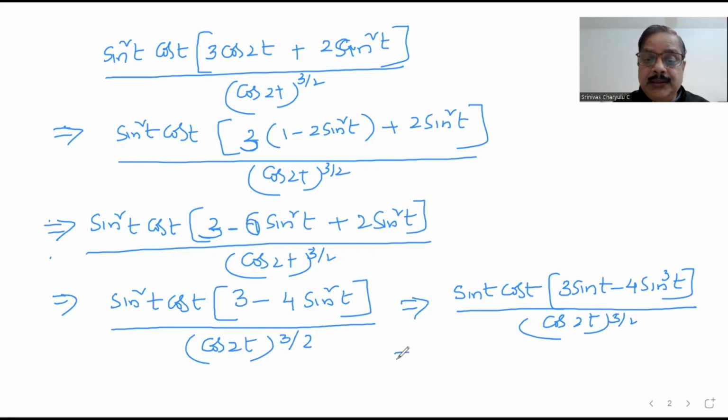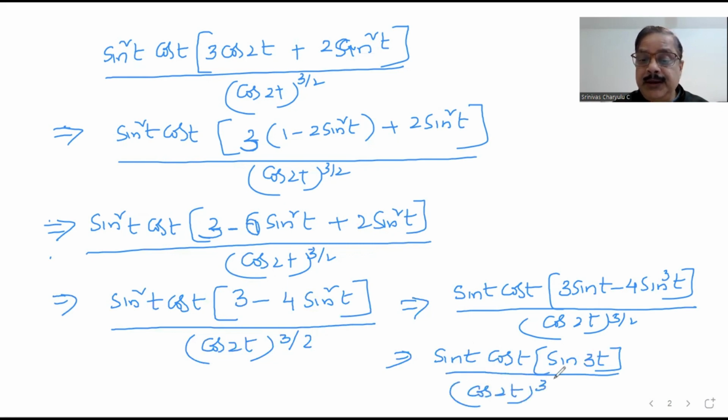Our idea is nothing, we wanted to write this as sin 3t. That's all. So sin t cos t sin 3t divided by cos 2t whole to the power of 3 by 2. So this is called our first equation. This is our dx by dt.